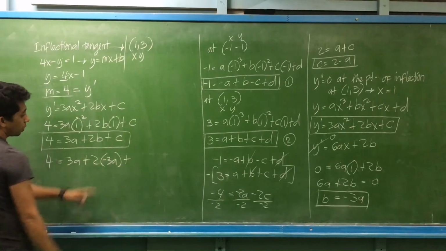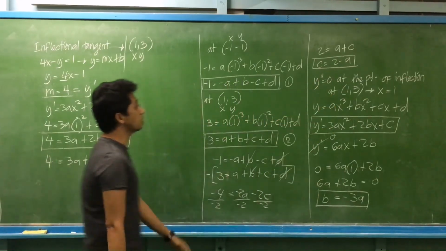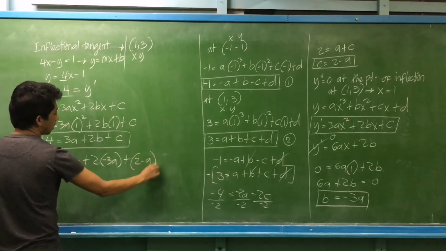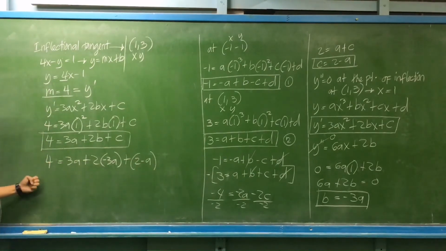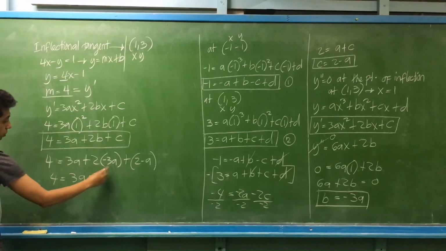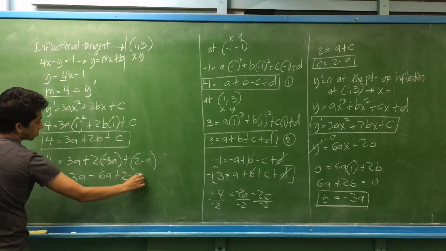Plus c. What is the equivalent of c? The equivalent of c is 2 minus a. So as you can see, in this equation we now have a single unknown, that is a. We have 4 is equal to 3a minus 6a plus 2 minus a.